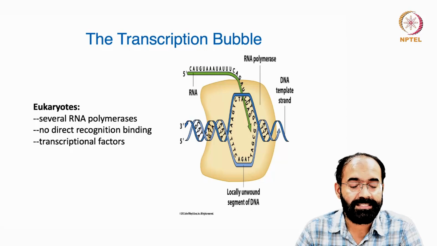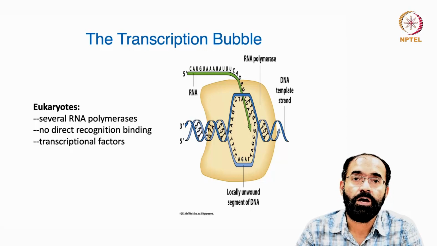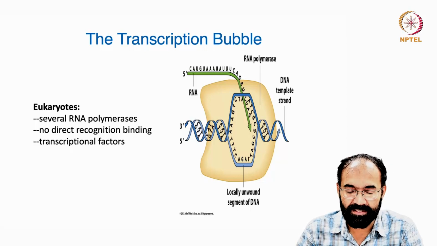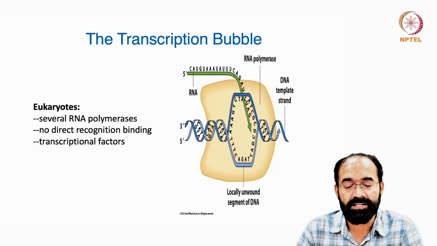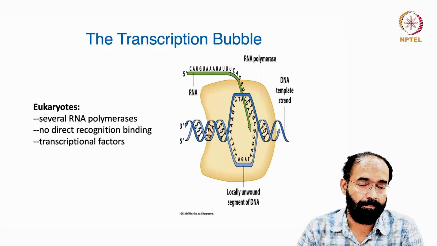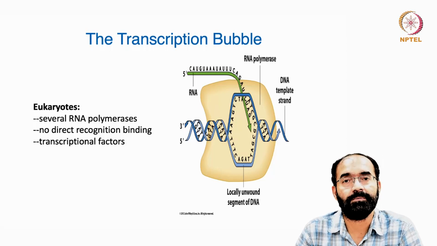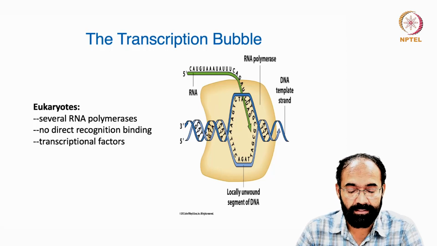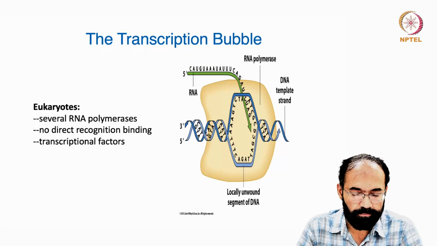We can call them general transcription factors or specific transcription factors. Both come into action for eukaryotic transcription. The transcription bubble remains the same, but the number of proteins participating is more than that of prokaryotes.